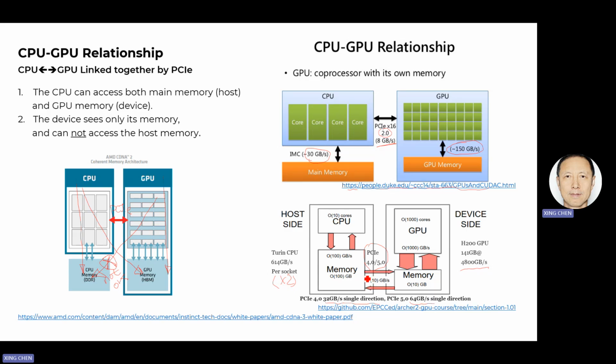So clearly from these two pictures, we know that there is an architectural bottleneck between the CPU and the GPU. Or we say it the other way, between the server and the GPU, because the GPU is hooked to the server by PCIe.